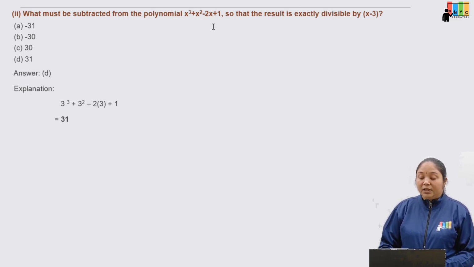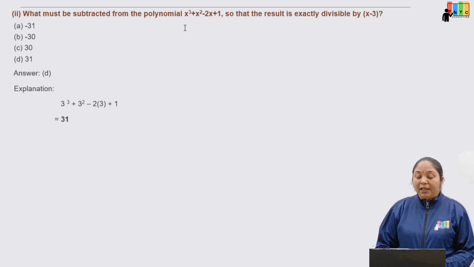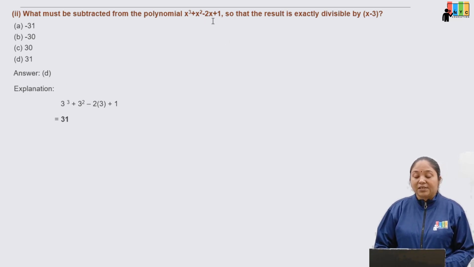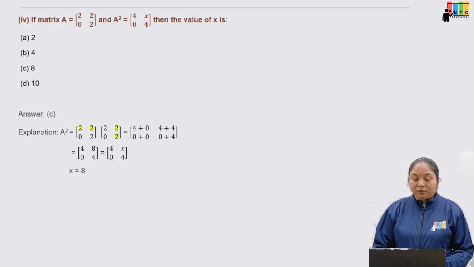Now, let's put x is equal to 3. So, putting in x cube plus x square minus 2x plus 1, we get 3 cube plus 3 square minus 2 into 3 plus 1, which is 31. So option number D is the correct option.